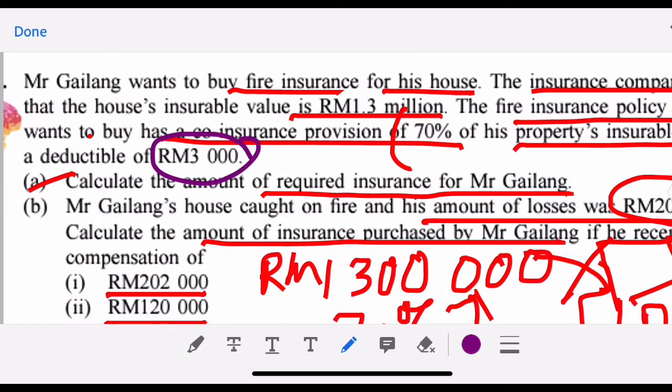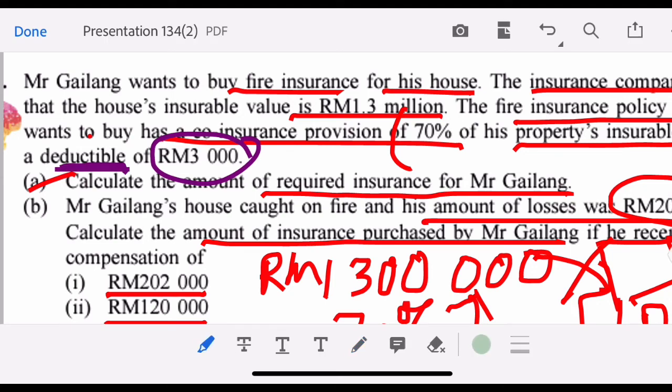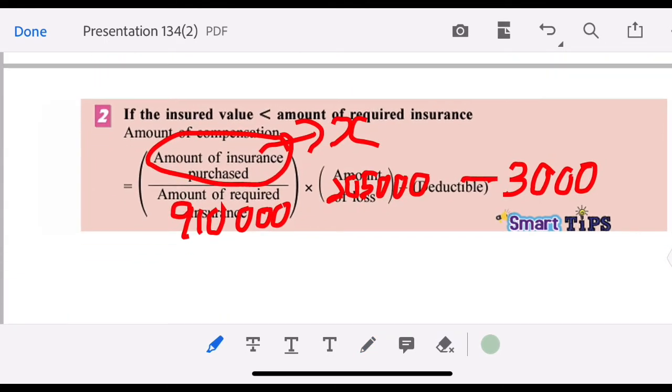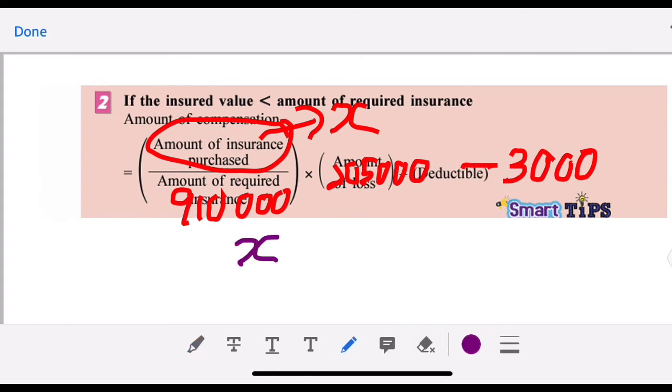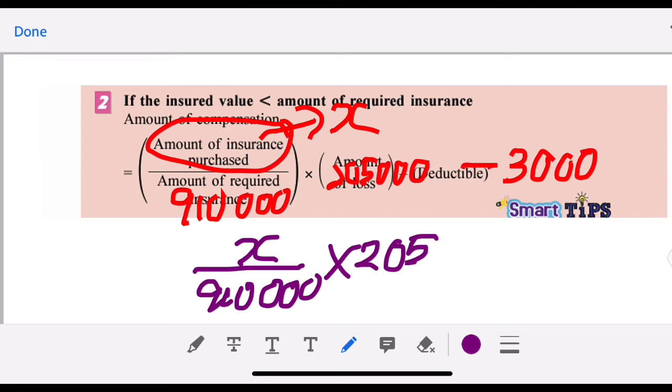So you have to remember this formula. Amount of the insurance purchase is X over 910,000 times the losses 205,000 minus the deductible amount, right?